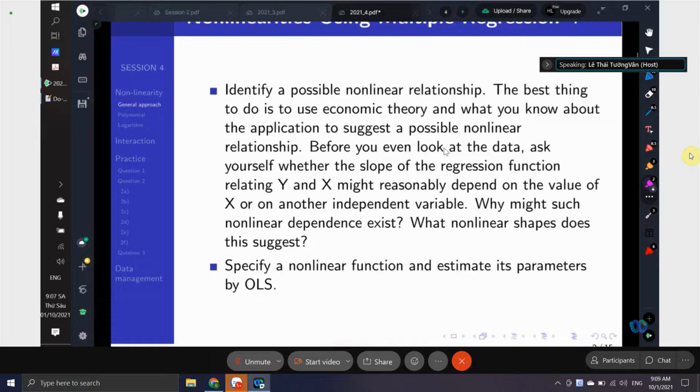In the Solow growth model, the dependent variable is GDP, and GDP is a nonlinear function of capital, labor, and technology. Of course, in empirical modeling, we also include variables such as institutions, government ideologies, and so on, democracy.